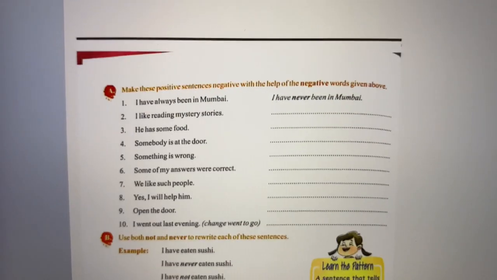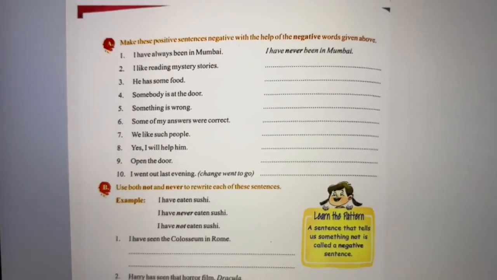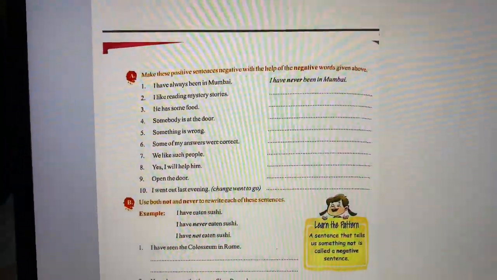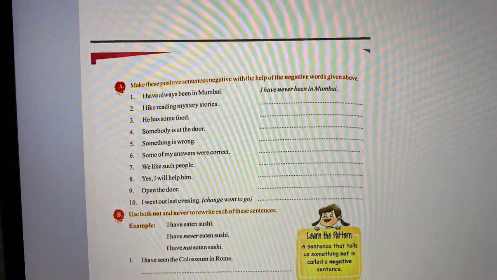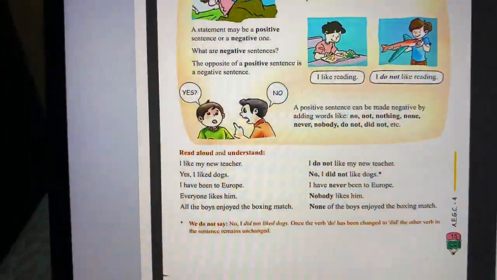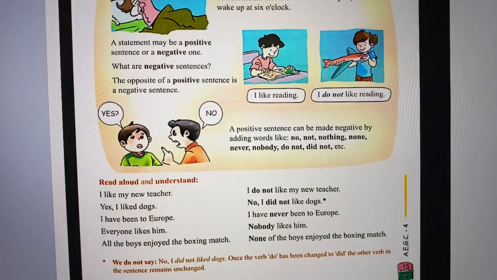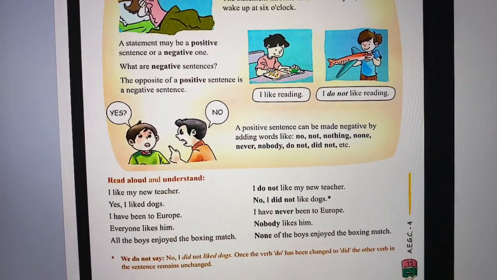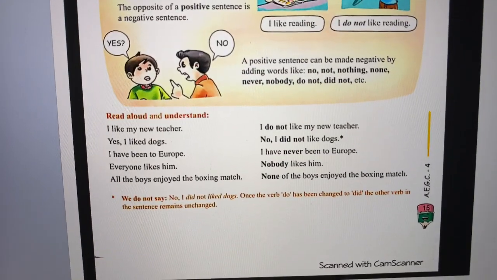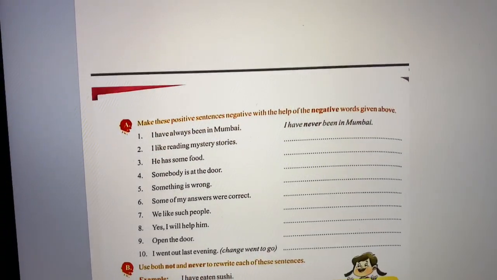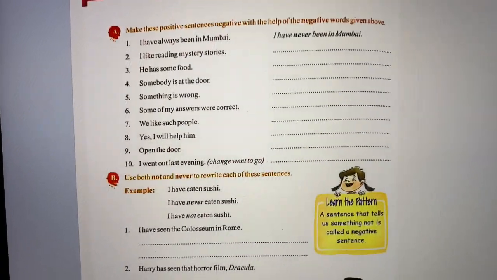The next page. And we have, make these positive sentences negative with the help of negative words given above. So these words in the exercise which were given above, like no, not, nothing, none, never, nobody, do not, did not, etc. And also the ones given below, right? You have to use all of these in this exercise, okay?